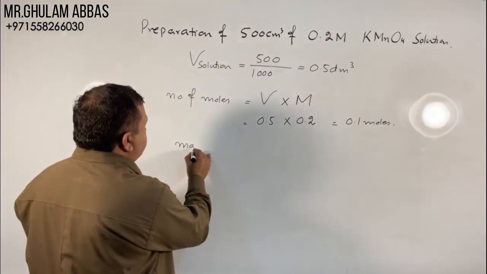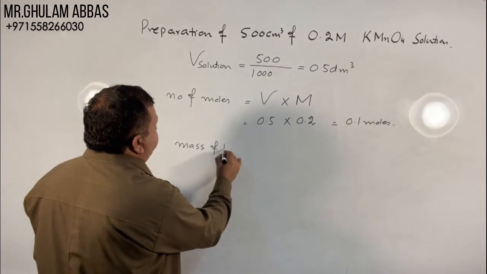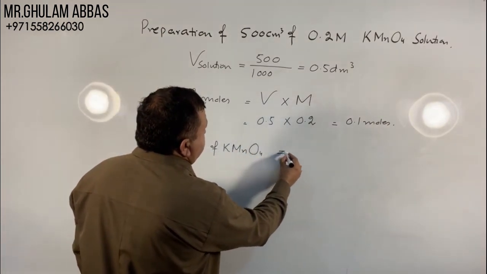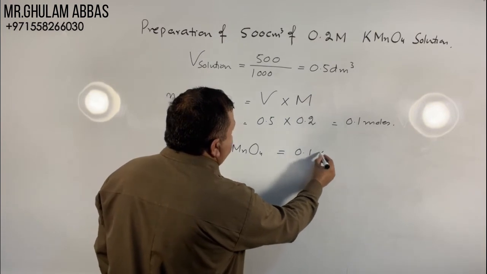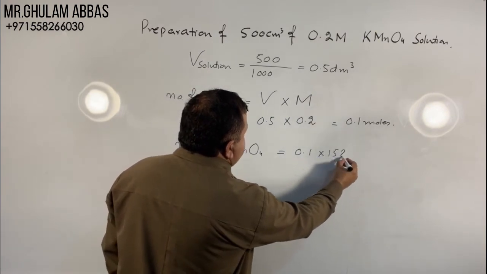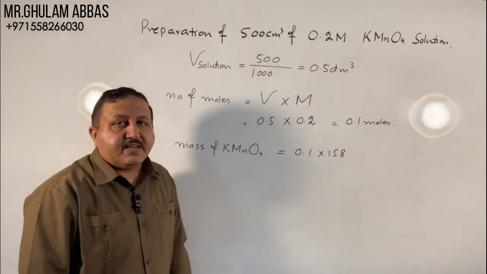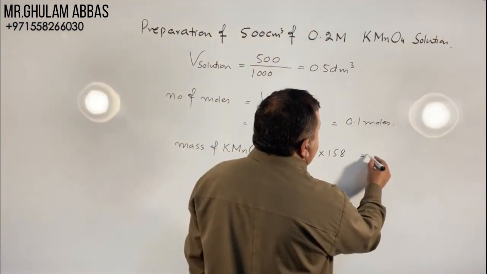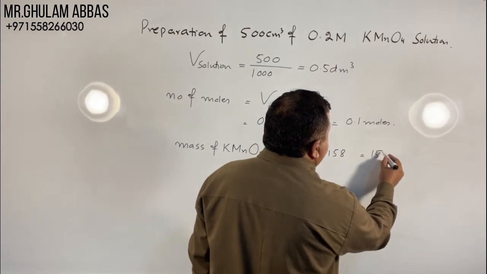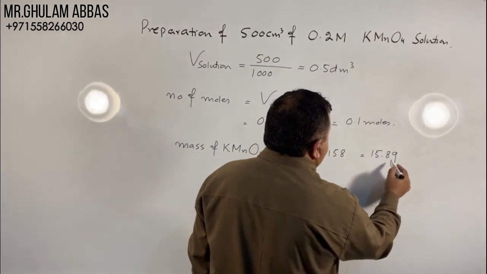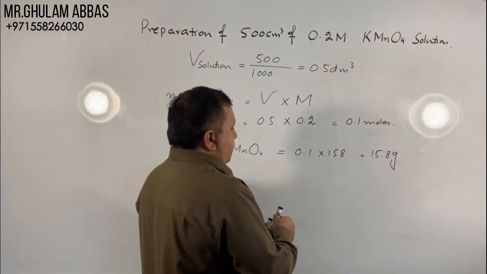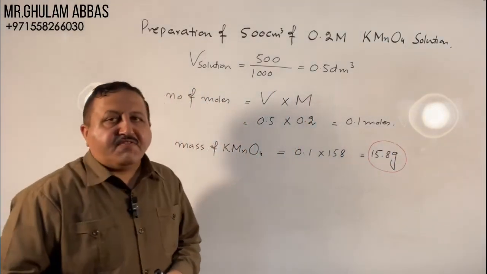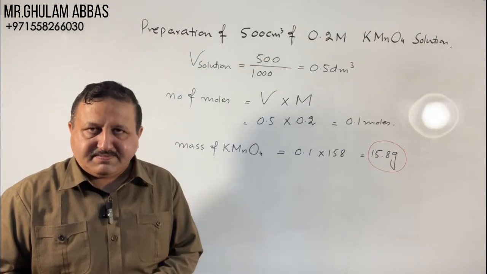Mass of KMnO4, we know that, is 0.1 into molar mass. 158 is the molar mass of KMnO4. This will be equal to 15.8 gram. This is our main value for preparation of solution.